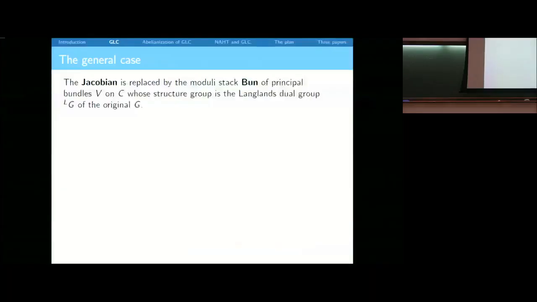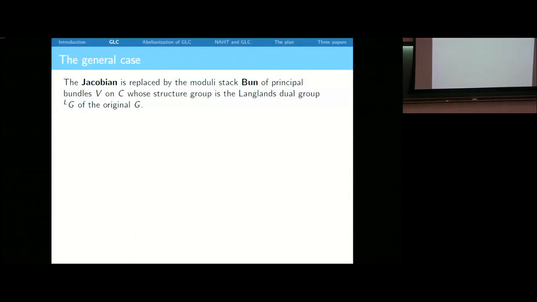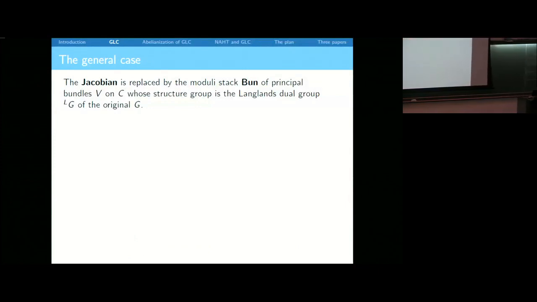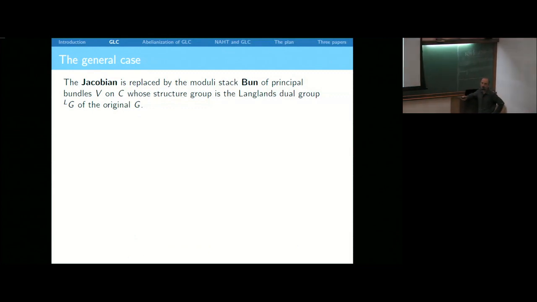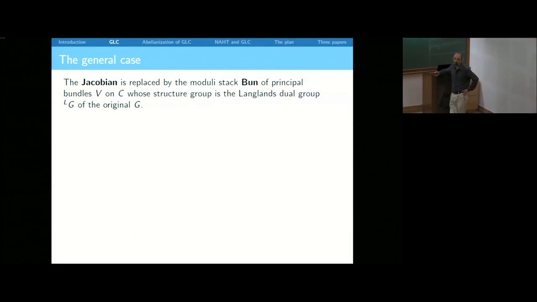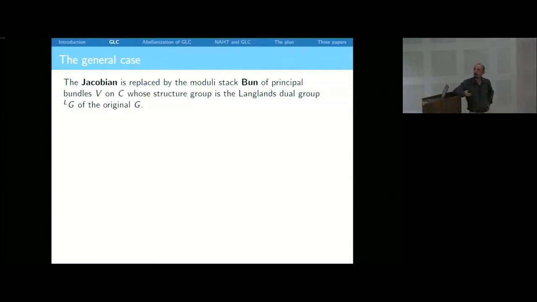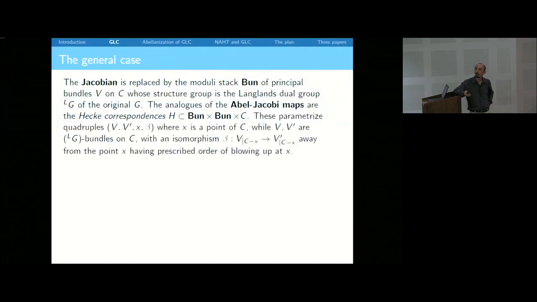So that's the Langlands dual group. Let's focus on the case of GLN, in which case the thing is self-dual, or in SLN where it's almost self-dual, which just goes to PGLN. Okay. So the analog of the Abel-Jacobi map are the Hecke correspondences, H. So I explained last time that a correspondence is just a subvariety of the product.